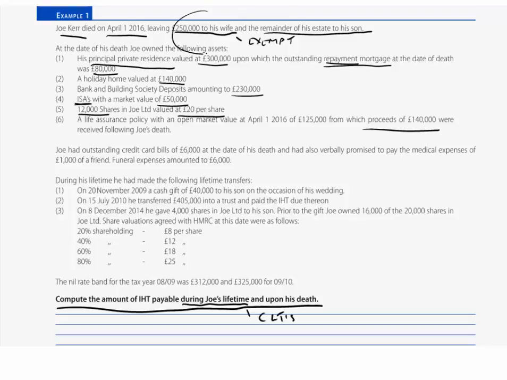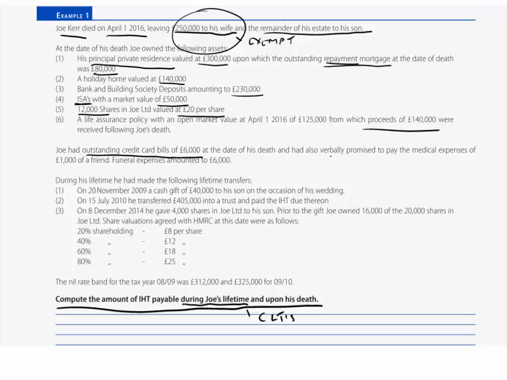We also know from up here that £250,000 of the content of the estate will be exempt due to the spouse exemption, but as a prior deduction in getting the net estate, outstanding credit card bills of £6,000, that therefore is a liability due.